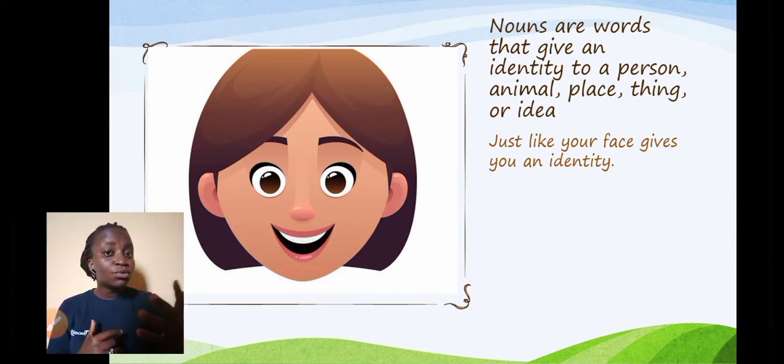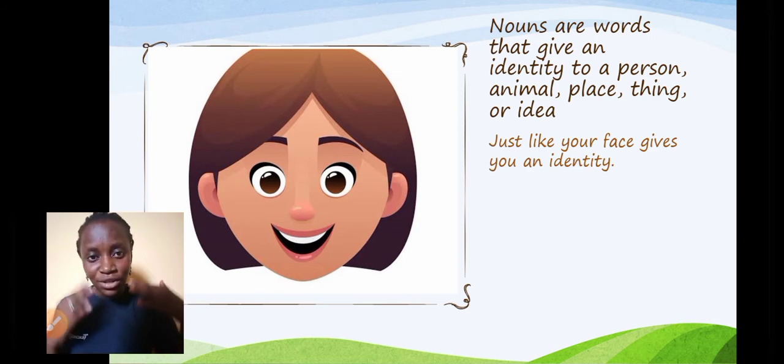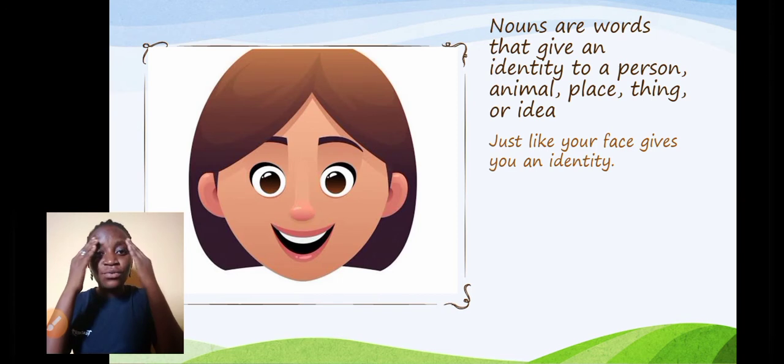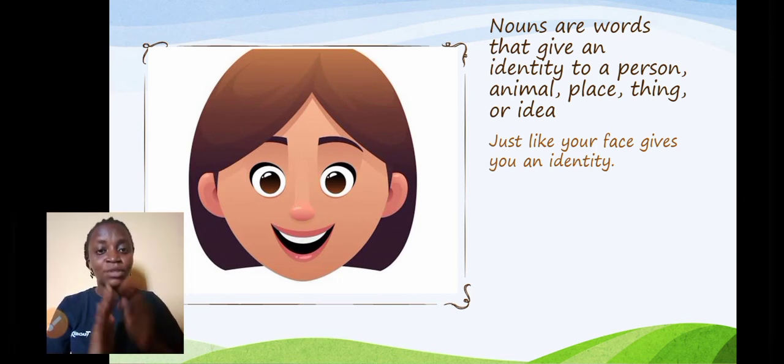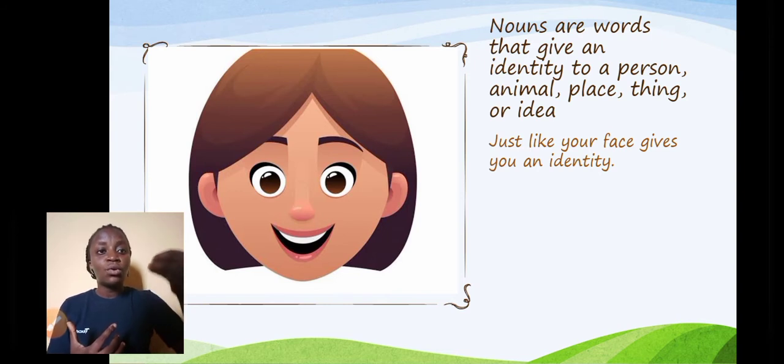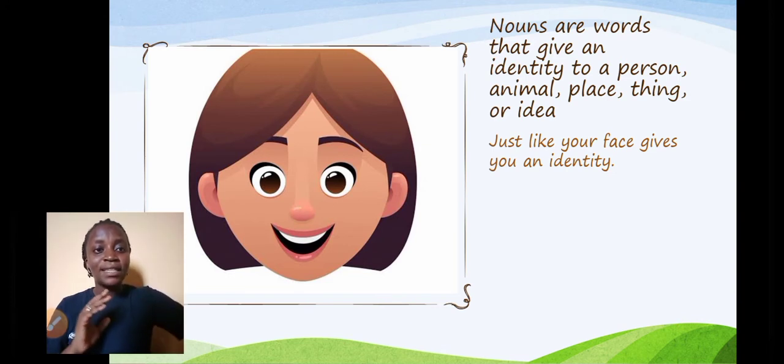You'd also recall that there are now applications and software that make it easy to unlock devices just by facial recognition. Your face gives you an identity. So whenever you remember your face, remember that it represents a noun. Just as a noun gives an identity to something, someone, or somewhere, your face also gives you an identity.